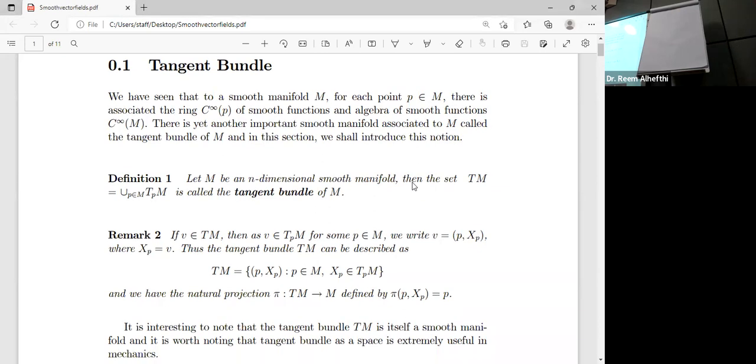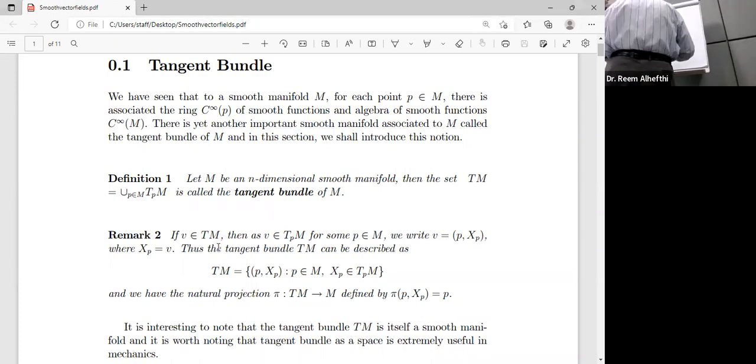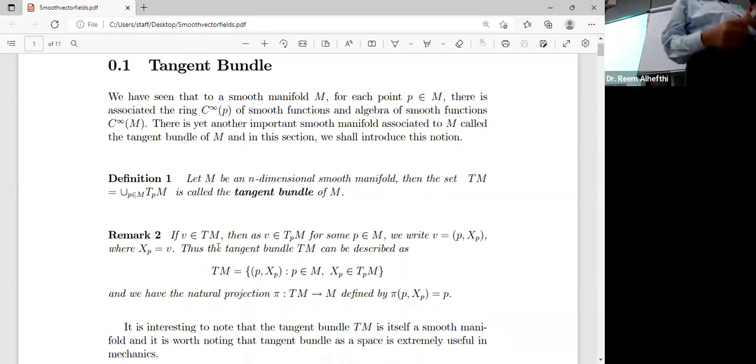You have the manifold, and at each point you have the tangent space. Now what you do is collect all tangent spaces and form their union, and this is called the tangent bundle. TM, the union of all tangent spaces, is called the tangent bundle.